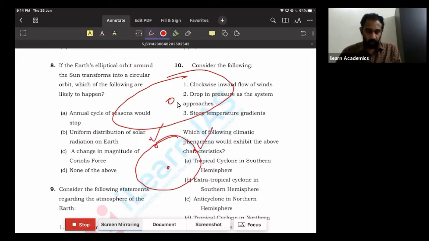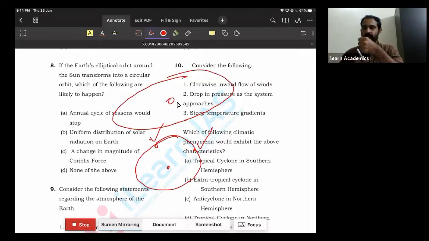So let us look at option 1. A, annual cycle of seasons would stop. So what is the factor which is leading to the formation of seasons? It is the revolution around the Sun in a tilted axis. So you know that this is Sun, this is Earth. Earth's tilt is constant with respect to space. So here you can see the south pole is facing Sun.